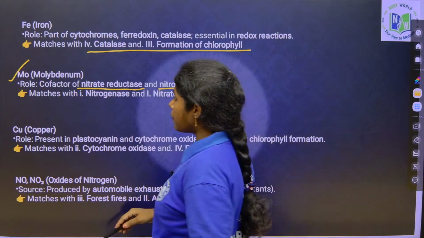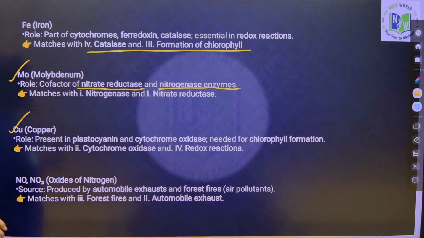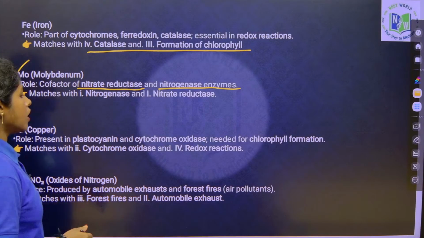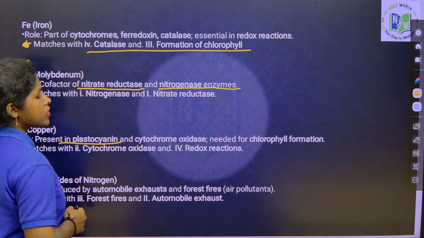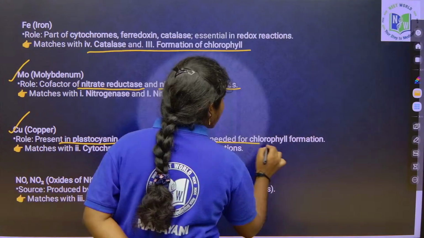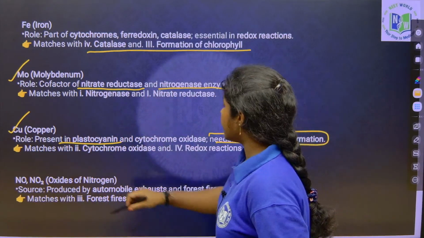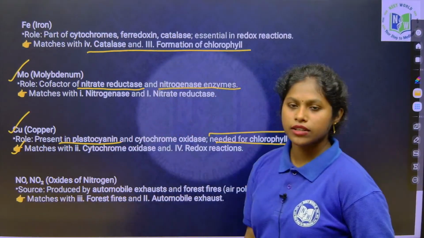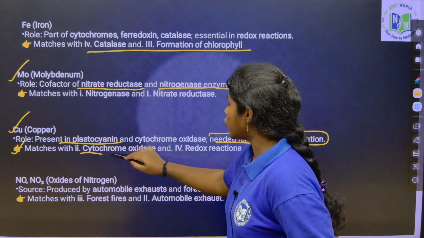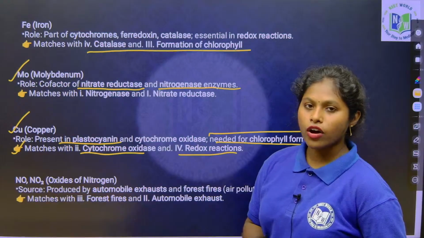Okay. And coming to the copper, in the redox reactions, the plastocyanin contains the copper element, and they are also involved in the chlorophyll formation in the redox reaction. That is why we kept copper as the cytochrome oxidase and redox reactions.